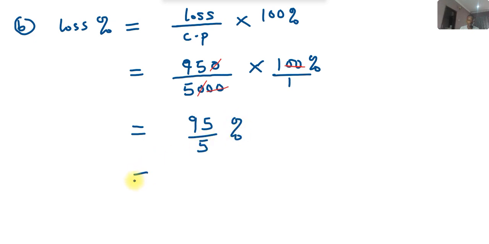Pressing the calculator, 95 over 5, 5 will go into 95 19 times. So therefore our final outcome is 19%.